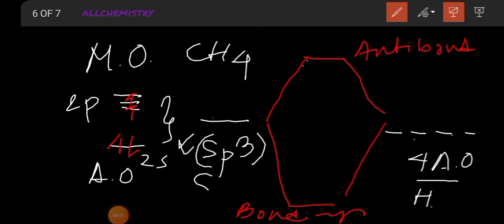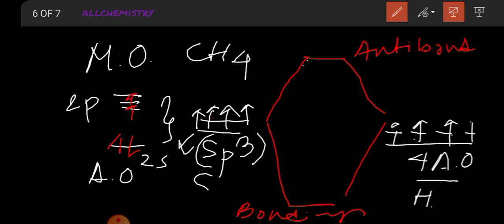So there are 4 electrons in sp3. Each hydrogen has 1 electron, so from 4 hydrogens 4 electrons, total 8. Here 4 sp3 and 4 atomic orbitals mean 4 bonding and 4 anti-bonding.